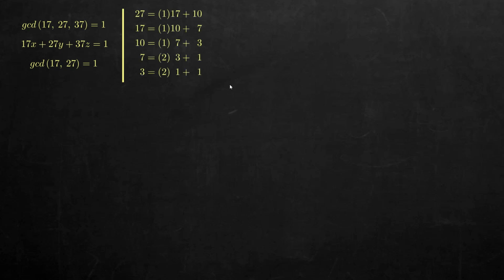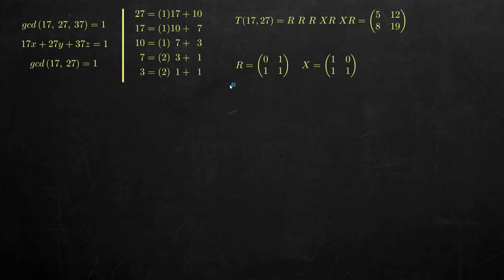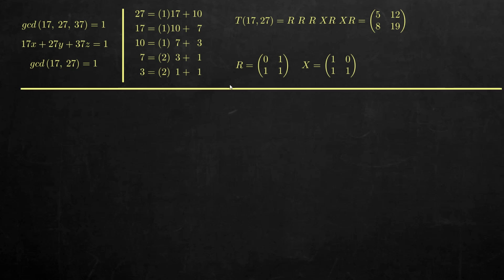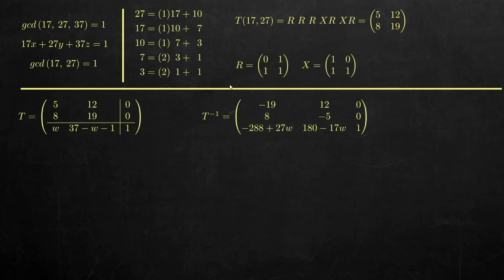So we start by computing the T of 17 and 27 using the Euclidean algorithm and transcribing the steps into transformations x^(n-1) times r as seen previously. Then we build the block matrix and calculate its inverse.